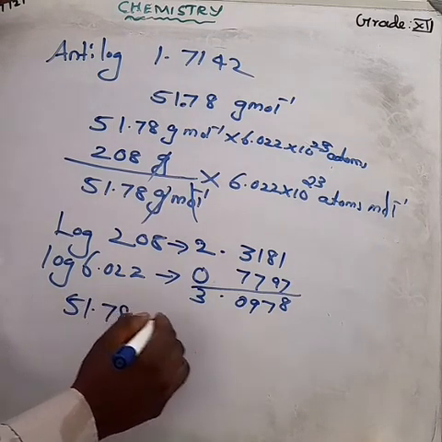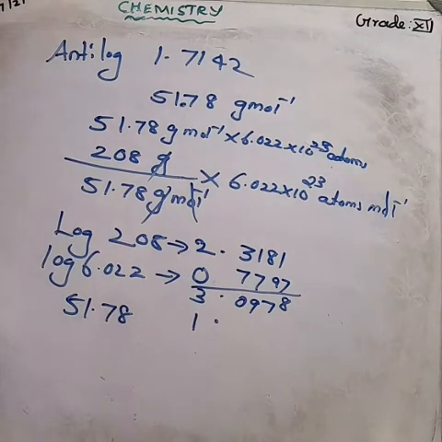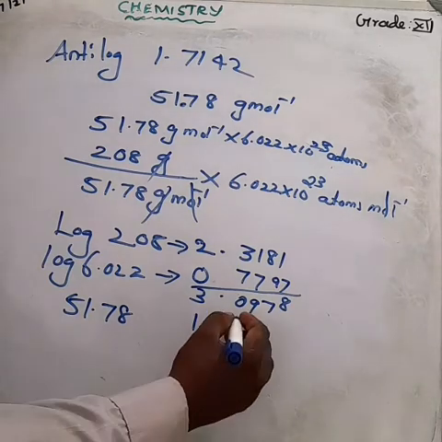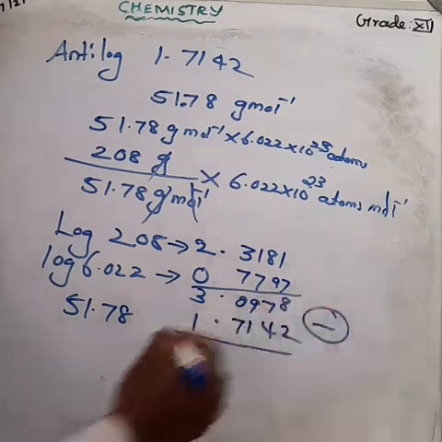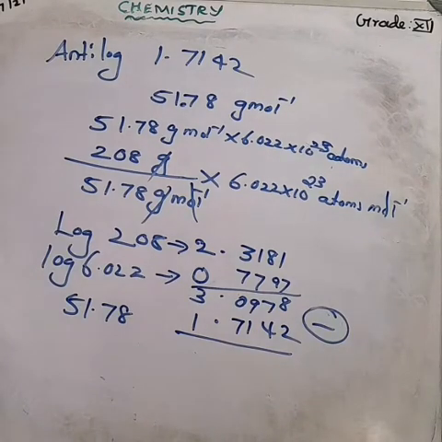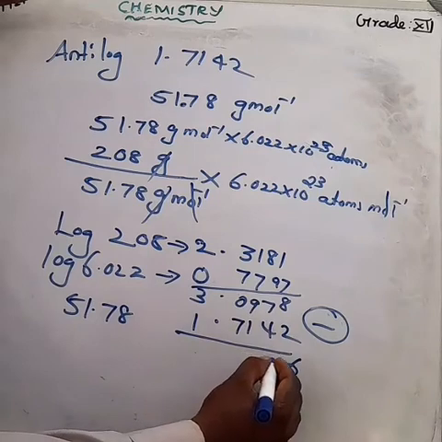Next, the log of 51.78. The digit 51 is 2 digits, so 1 point. 51 versus 7, and take the mean difference 8. So we get the value 1.7142. Next we are going to subtract, because division means we have to subtract.